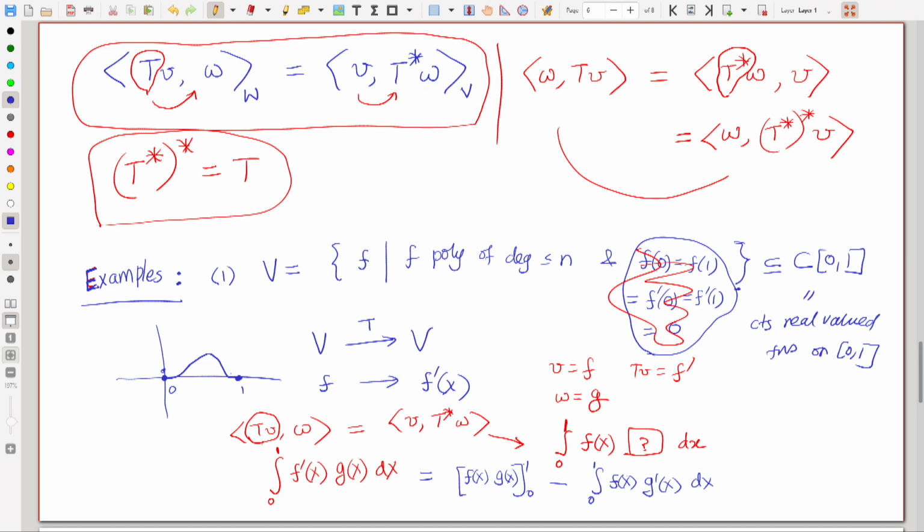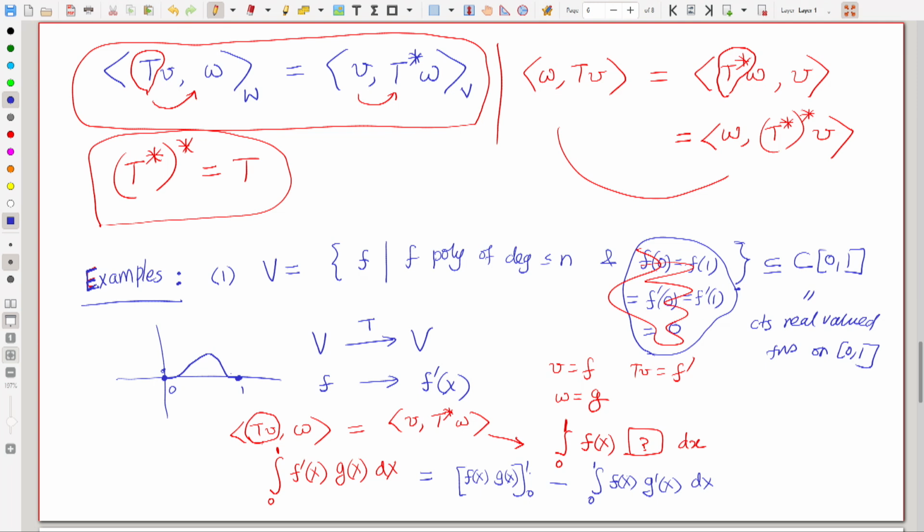Then of course my first term will become 0 if I make that additional assumption. The trouble is that that space is not closed under my derivative operator. If I take a function which is 0 at the two limits and then take its derivative, it is not clear that it will have that property. And polynomials of degree n will become an issue; I have to ensure that.